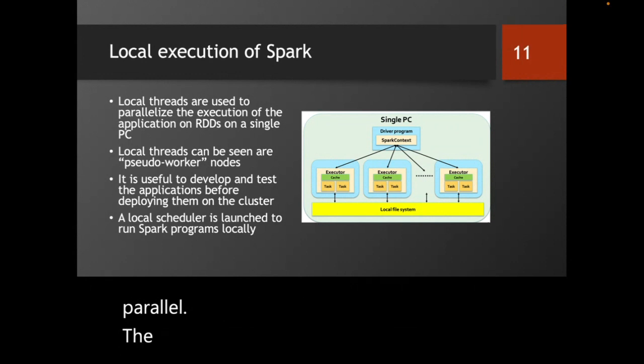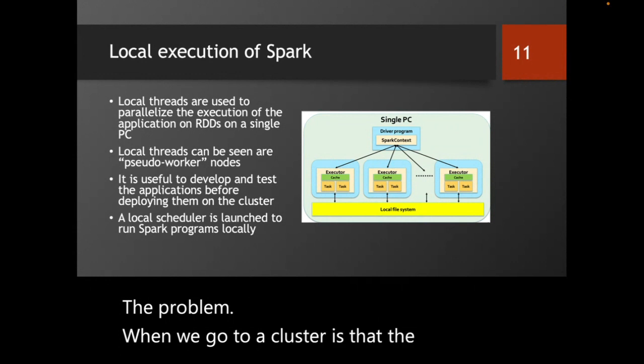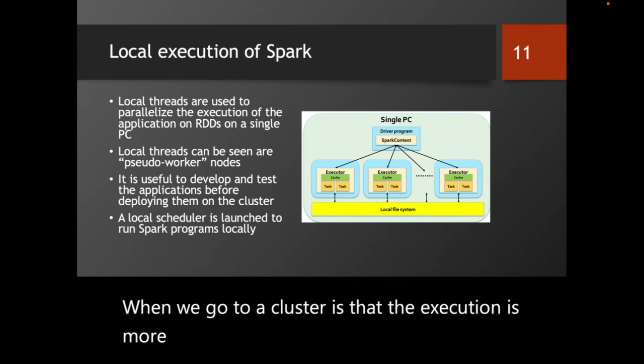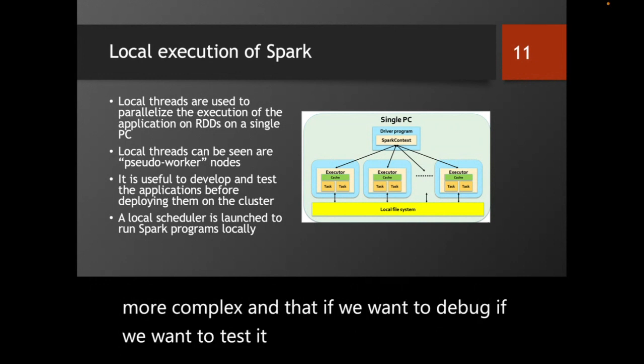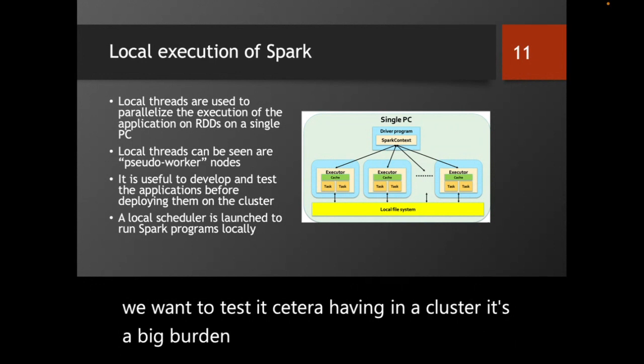The problem when we go to a cluster is that the execution is more complex, and if we want to debug, test, etc., doing this in a cluster is a big burden, okay?